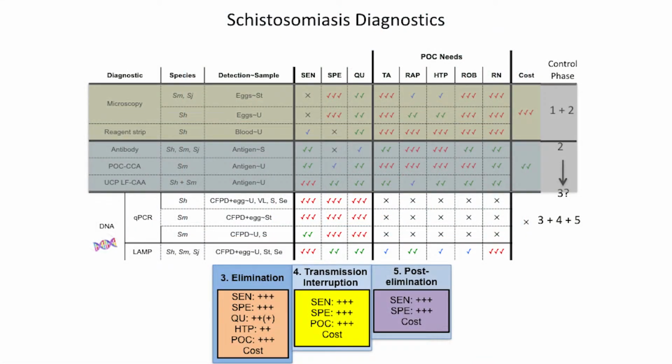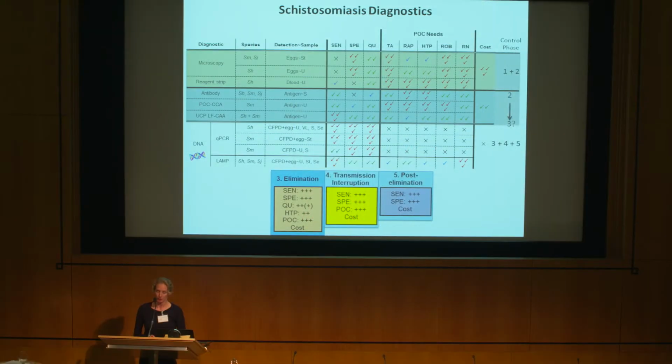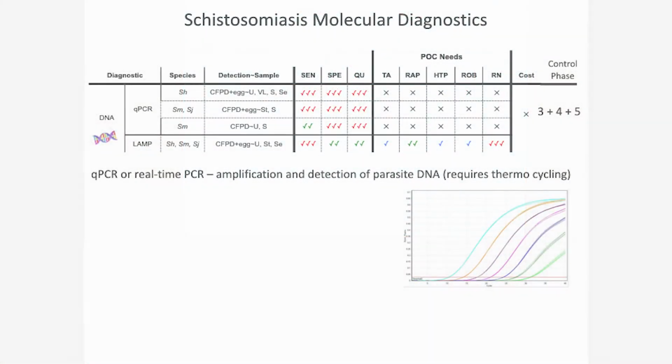If you look at those molecular diagnostics, a lot of them have the specificity and sensitivity, but again it comes down to cost, it comes down to deployment in those endemic settings, which is really holding us back. These are the two main forms: qPCR, real-time PCR, detection of DNA through amplification, and then we have LAMP.